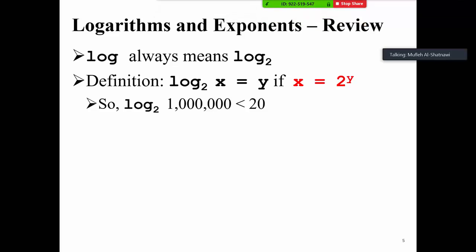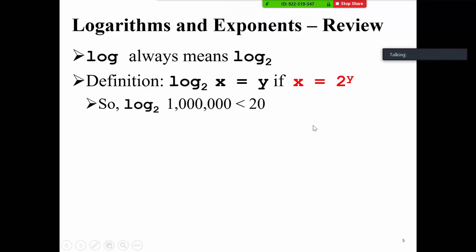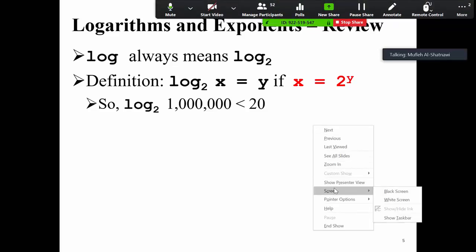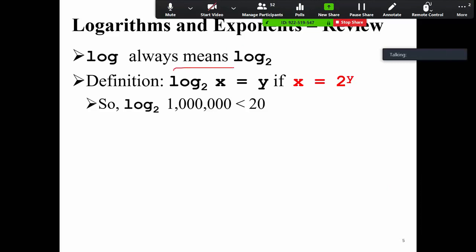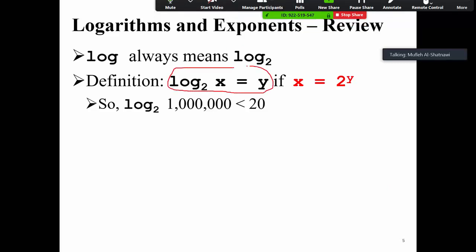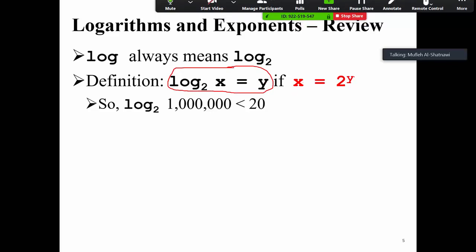So if you take log base 2 of x is equal to y, we mean by that x is equal to 2 to the power y. This is exactly the same as log x to the base 2 is equal to y. This is equivalent to x equal to 2 to the power y.